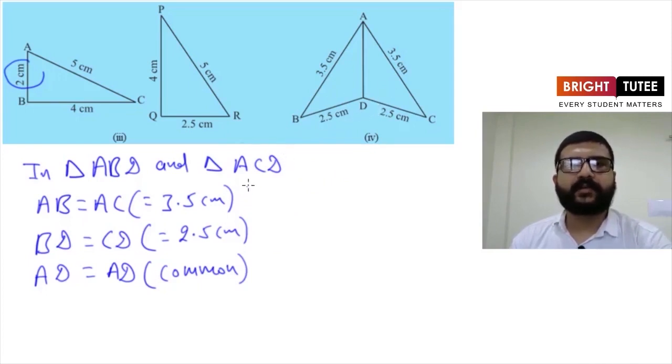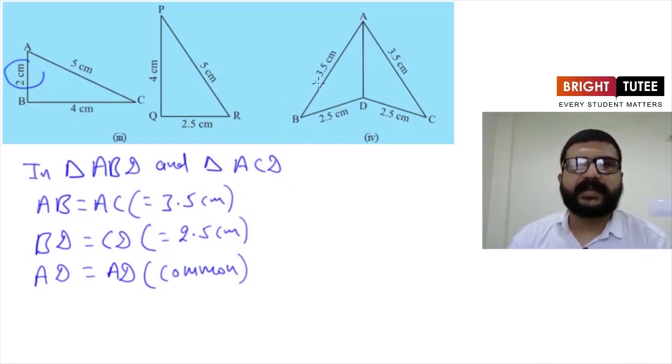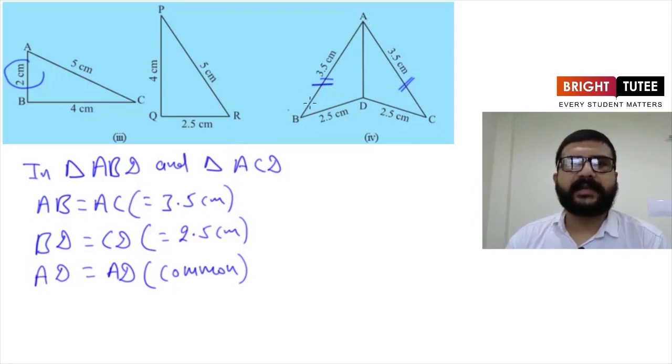Now we have to write congruency relation in the symbolic form. For that we need the correspondence between vertices. So here AB is equal to AC. Now in triangle ABD, vertex opposite to the side AB is D. So it means D vertex of triangle ABD corresponds to D vertex of triangle ACD, because vertex opposite to AC is also D here.